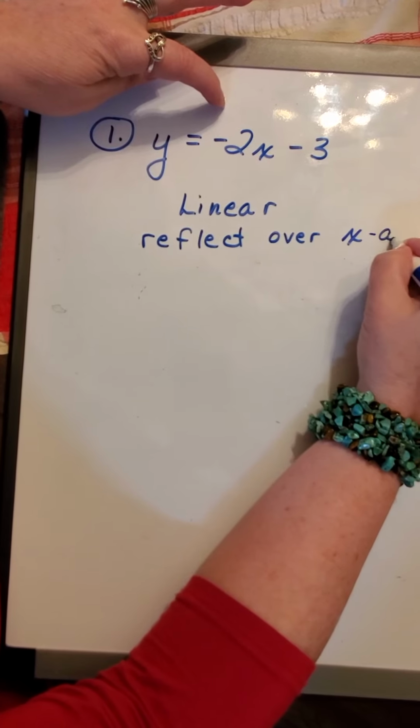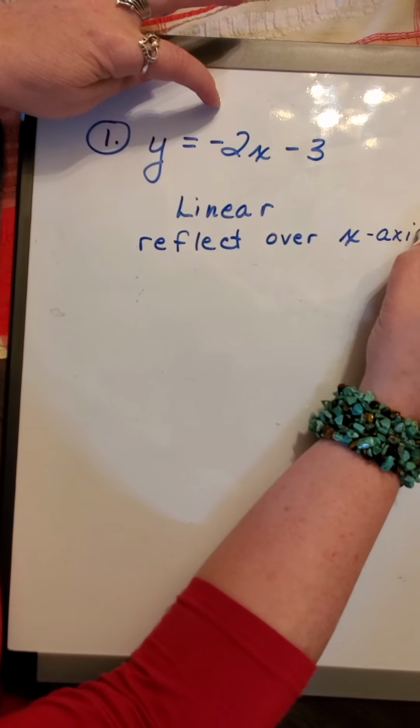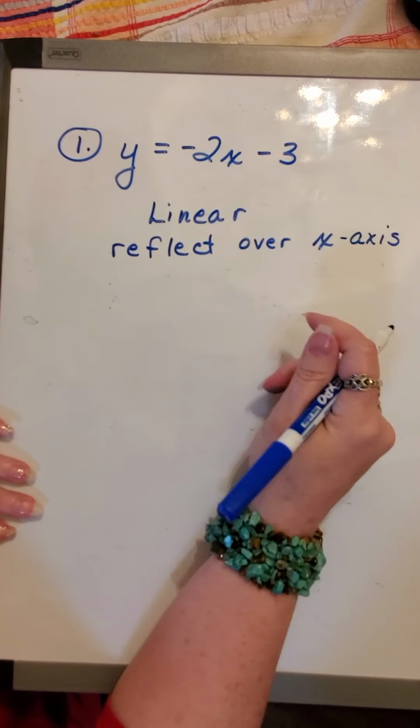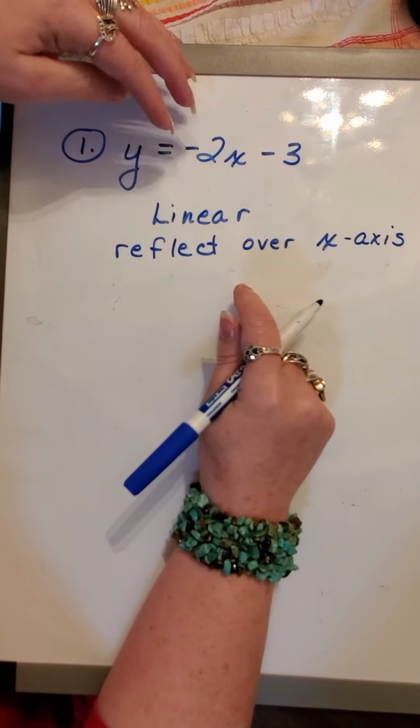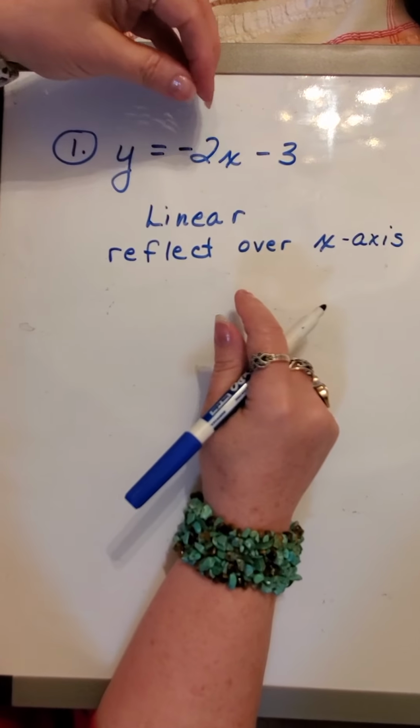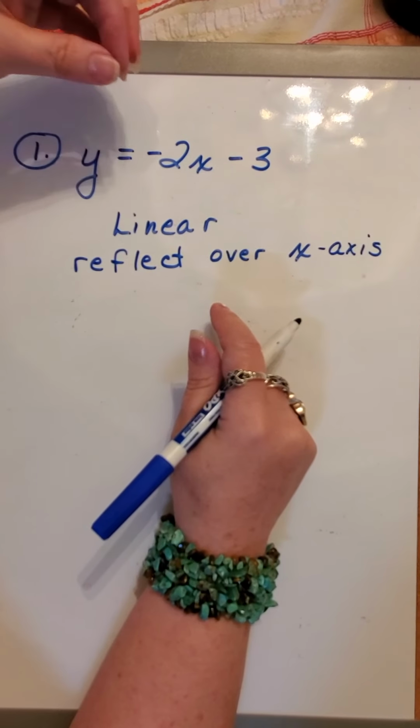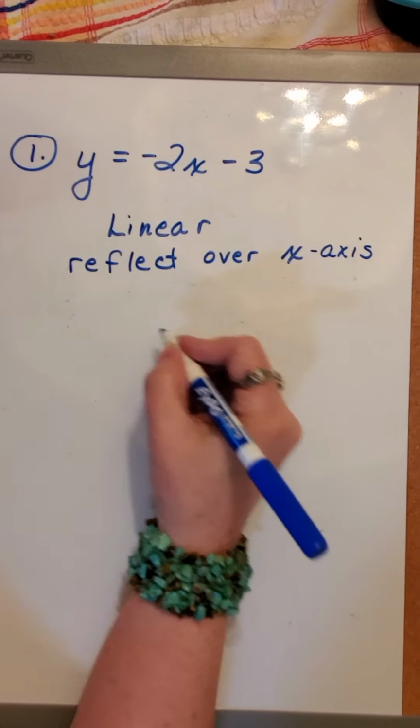And I'm going to go ahead and write axis, but if you just put reflects over x, I'm okay with that. Okay, the 2, not including the negative, but just the 2 itself, is a vertical stretch.